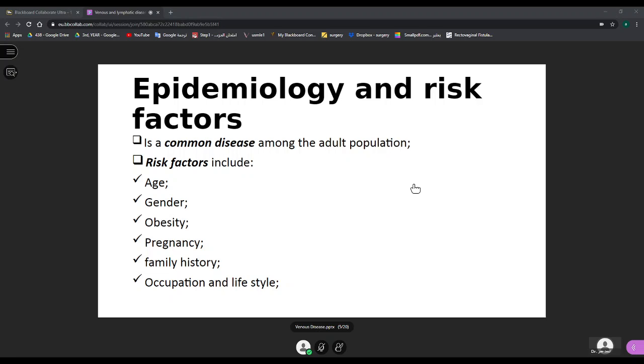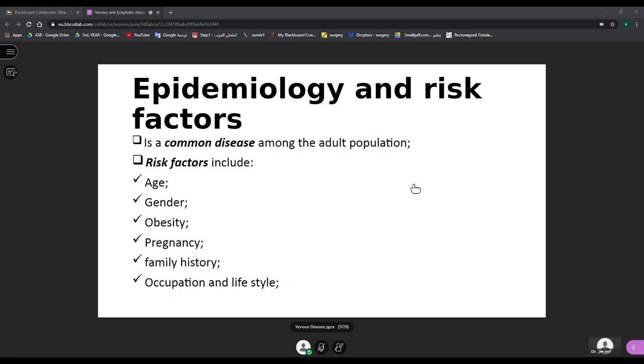The risk factors include age, and the disease is more common in elderly patients. Usually, the incidence increases significantly with advanced age. Gender again has an important role, and the disease is more common in females than in males, particularly around the age of pregnancy and childbirth.